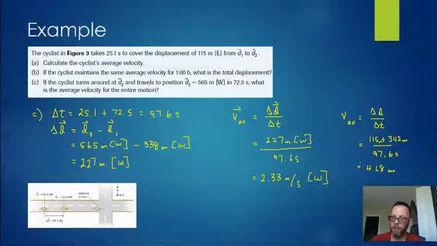We get an average speed of 4.68 meters per second for the entire trip. So there's that example. We've talked about average velocity, compare that to average speed.